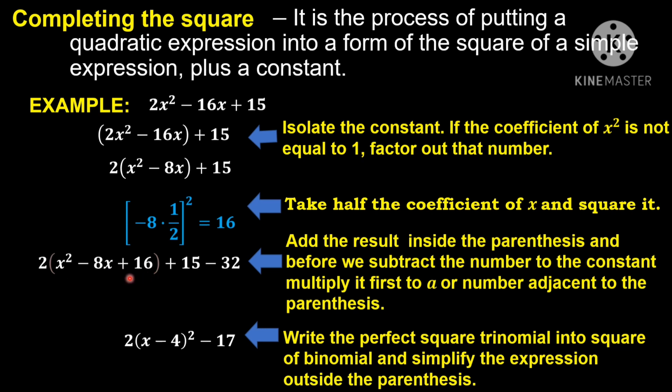Its factors are x minus 4 times x minus 4, so we just write it as the square of x minus 4. Then 15 minus 32 is negative 17. That's why our answer now is 2 times the square of x minus 4, minus 17. So we applied completing the square to this expression.